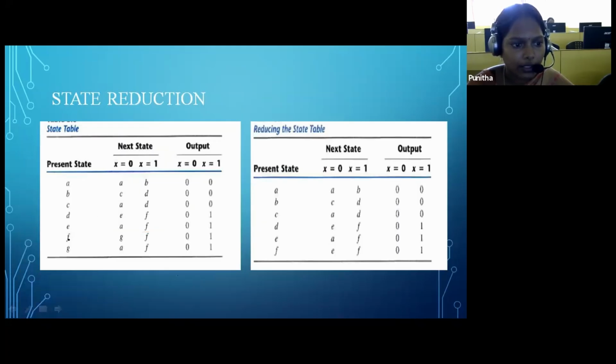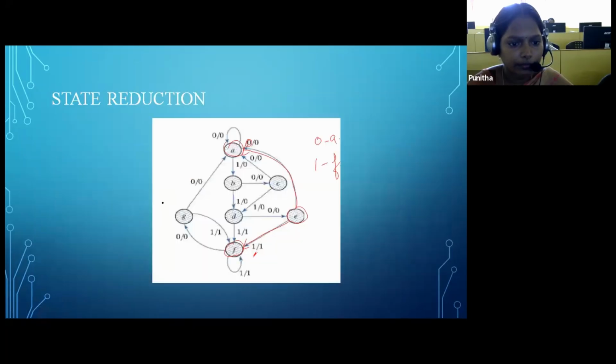Next, we will check state F. For applying 0 and 1 to the F state, what will be the next state?